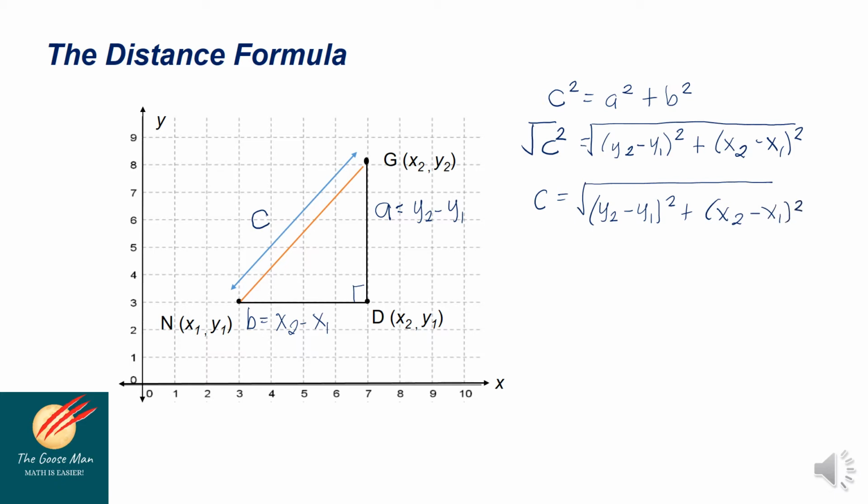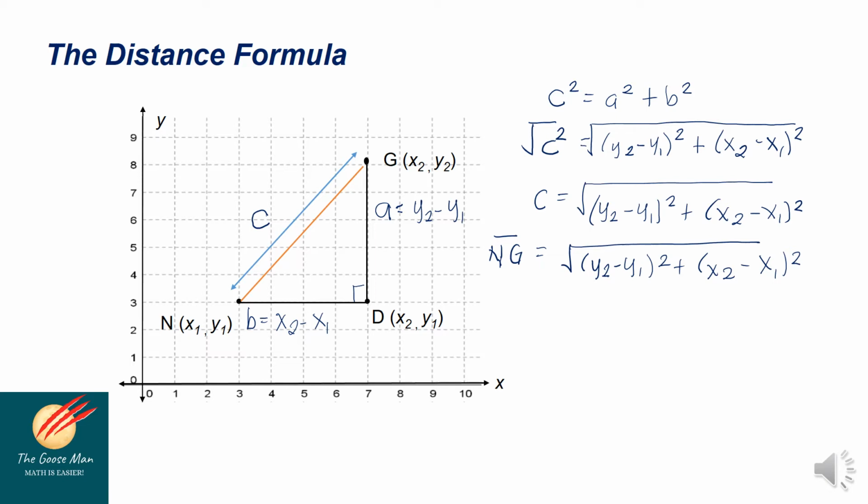This is considered as the length of the line segment NG. So line segment NG is the same as the square root of (y sub 2 minus y sub 1) squared plus (x sub 2 minus x sub 1) squared. Take note that the line segment NG is the distance between the two points N and G.